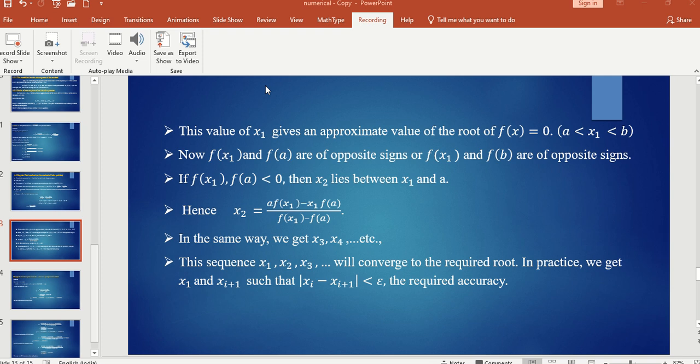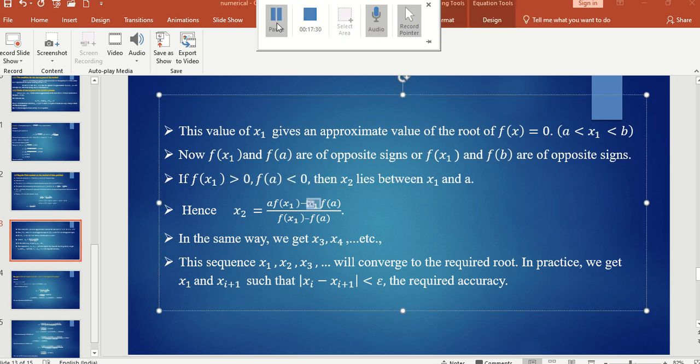Now we see the sign of f of x1. Suppose f of x1 and f of a are of opposite sign, or f of x1 and f of b are of opposite sign, then we have x2. That is, if f of x1 is greater than 0 and f of a is less than 0, then x2 lies between x1 and a.